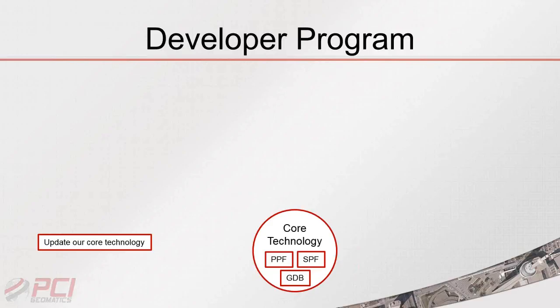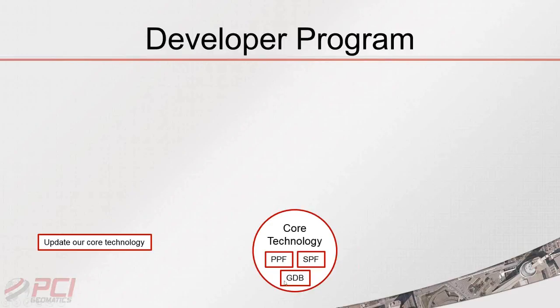We have PCI algorithms that are available, these 550 PCI algorithms that do a myriad of different things for processing geospatial imagery and data. We have our spatial framework, which allows you to manipulate different geospatial files and support different types of spatial data.